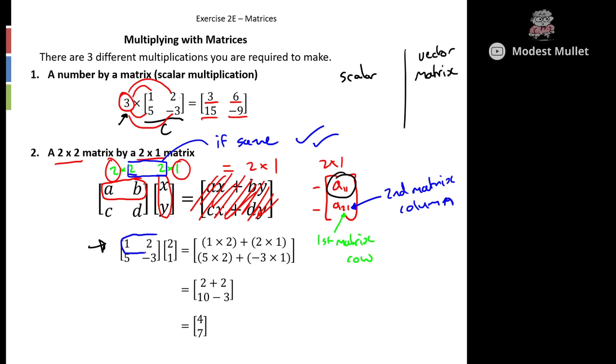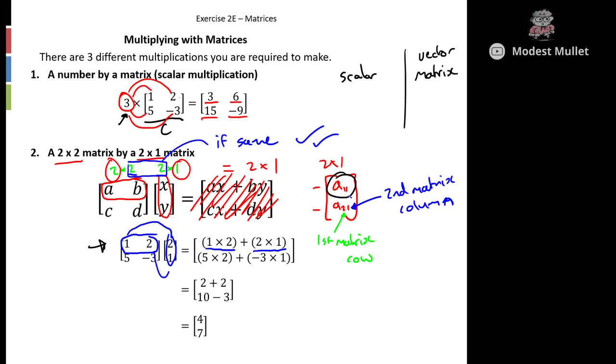So I'm going to use row 1, column 1, and I'm going to multiply each of the numbers in that together and then sum those. So I do 1 times the 2, which is this, and then I do that 2 times the 1, and that's going to be my top element.